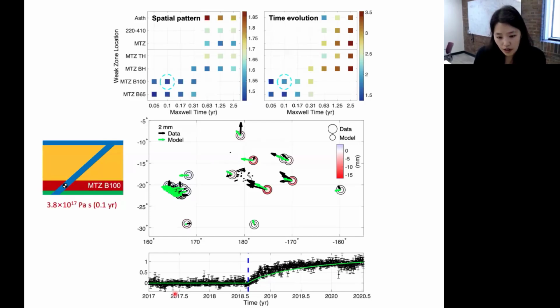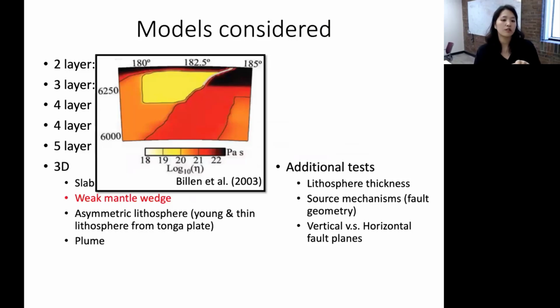So if I show you some examples, let's see. Yeah, this is not a tomographic image, but people have suggested that in the Tonga region, you might have a quite weak mantle wedge, so a much lower velocity mantle wedge. So we also tested putting a low viscosity structure in the mantle wedge, but it didn't improve the fit very much.